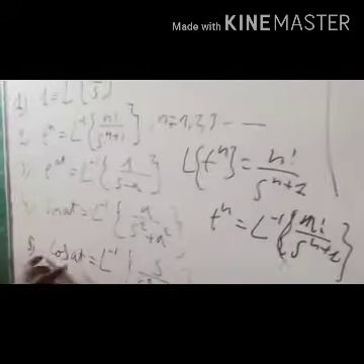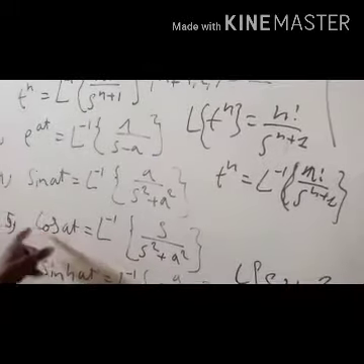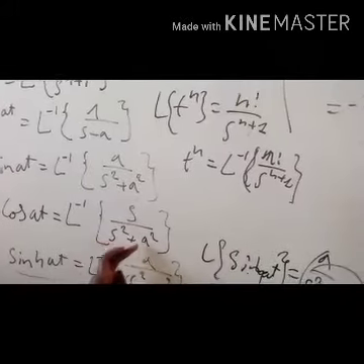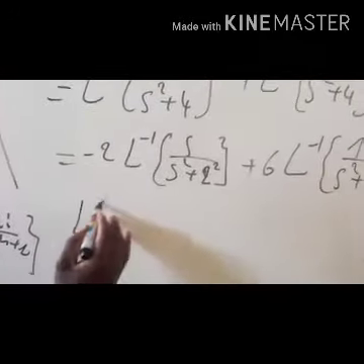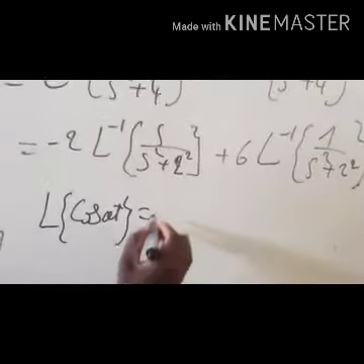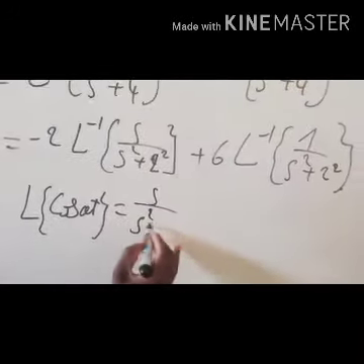For the cosine, we know that the Laplace transform of cosine at is equal to s divided by s squared plus a squared.